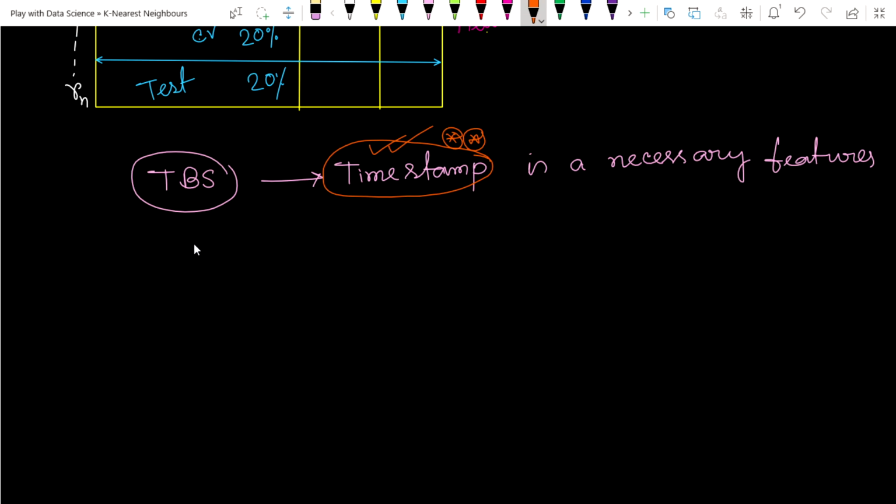But in random splitting, the timestamp is not required.